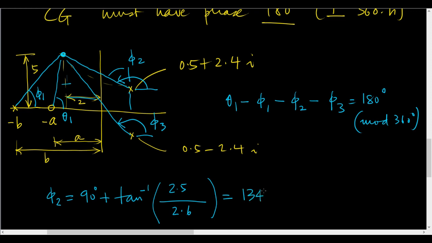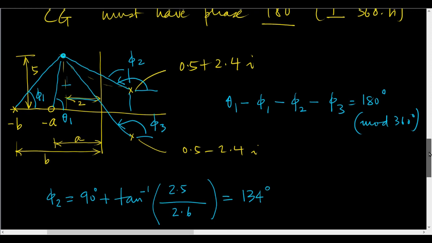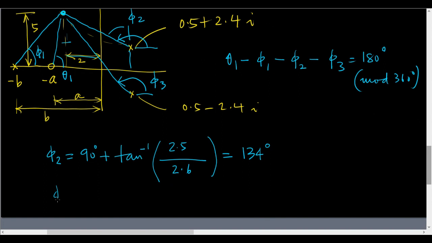All right, degrees. How much is phi 3? Phi 3 is equal to 90 degrees plus tan inverse of, the horizontal extent is still 2.5. The vertical extent is now 5 plus 2, 5 here plus 2.4 here, so that is 7.4.